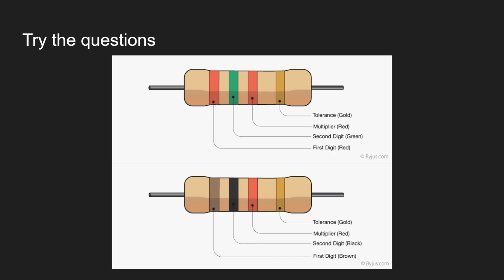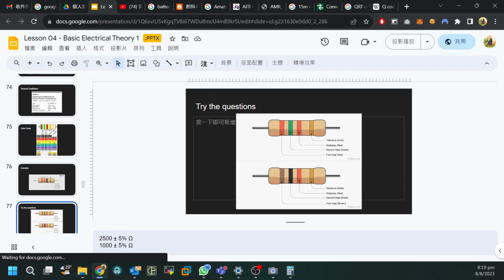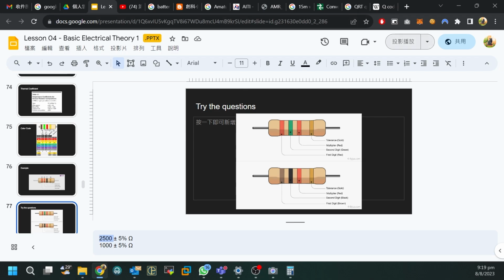Multiply by 10 to the power 2, times 100. 2500 ohms with a tolerance of 5%. This is very likely to be tested, the syllabus says it will be examined. Okay, so for this, let me check my answer. Yes, this is 2,500 with tolerance of 5%.